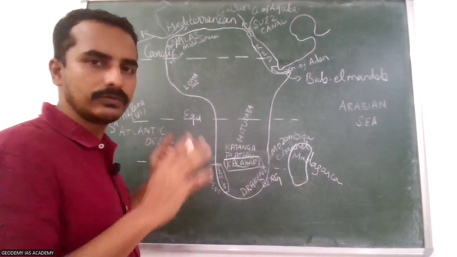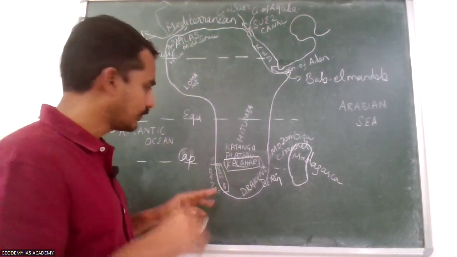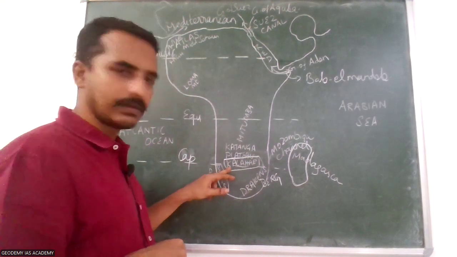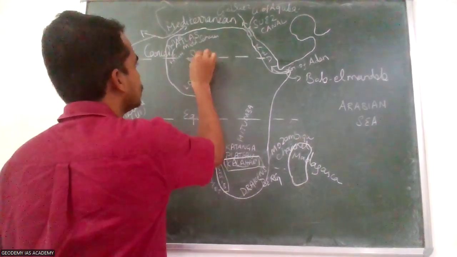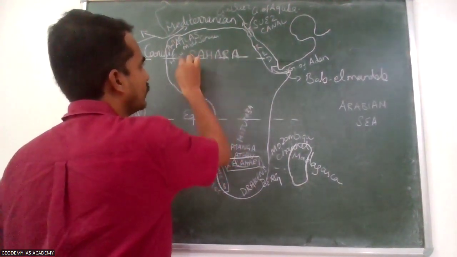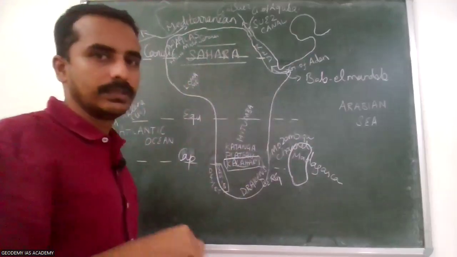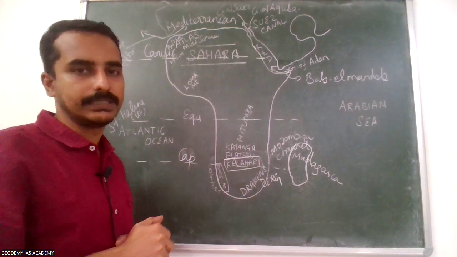I am going to tell you the most important things only, so please note it in your notebook also. Namib Desert, Kalahari Desert, and in the north it is Sahara, that we know. Sahara Desert. Most of northern Africa is covered with the Saharan Desert region.